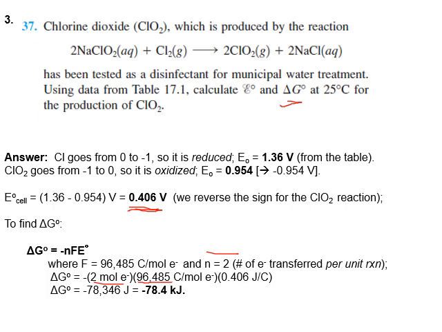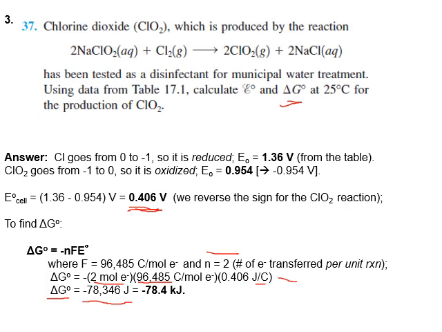And then when we multiply times joules per coulombs, we get joules, which we want joules for the energies, and free energy is a kind of energy, right? So we want this to be in joules. So anyway, when you multiply this out over here and do the math, you get minus 78,346 joules, or you can write it as minus 78.4 kilojoules.